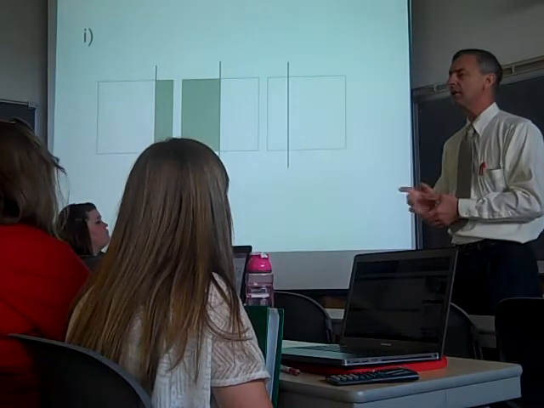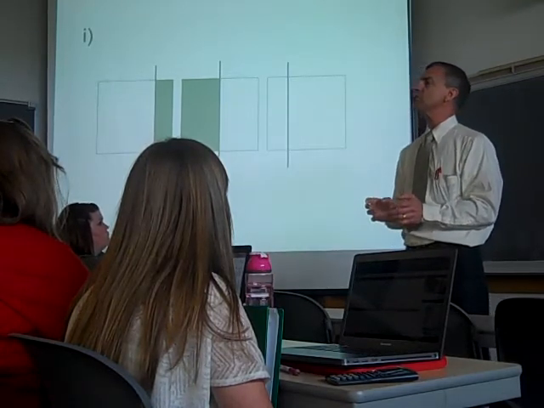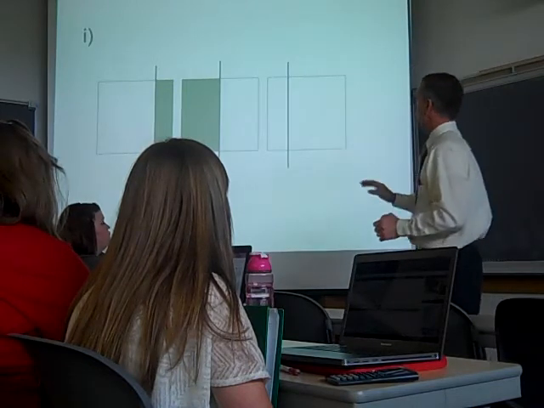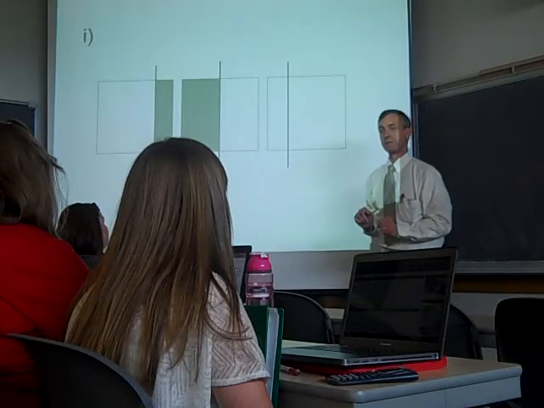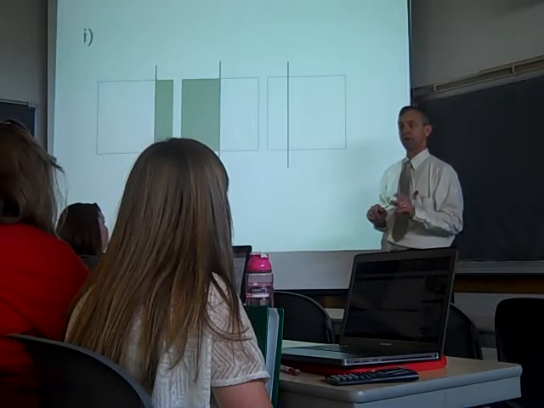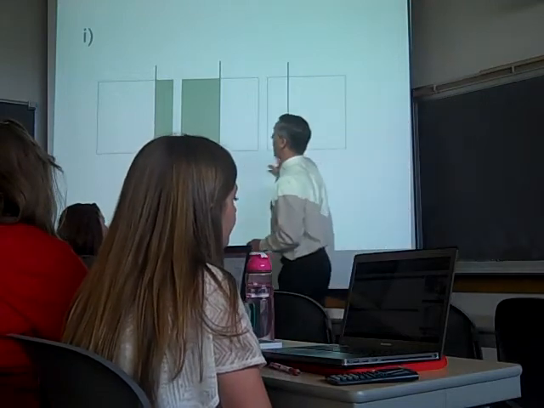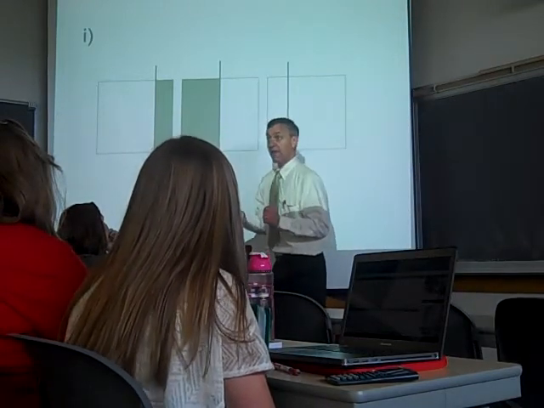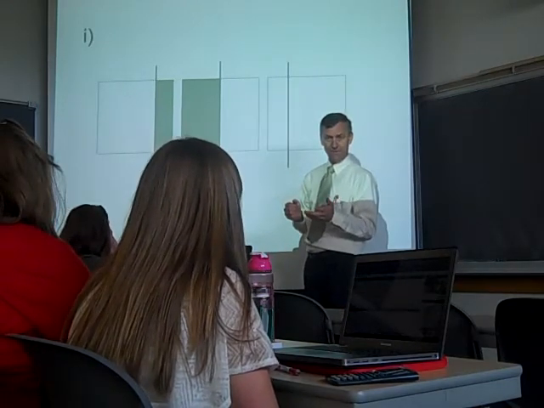It depends on what I reference, to use your language. It depends on what I choose for the unit. If the unit is 1 square, then the green is 3/4. If the unit is all 3 of these squares, that's my whole, then how much of the whole is shaded? 1/4.